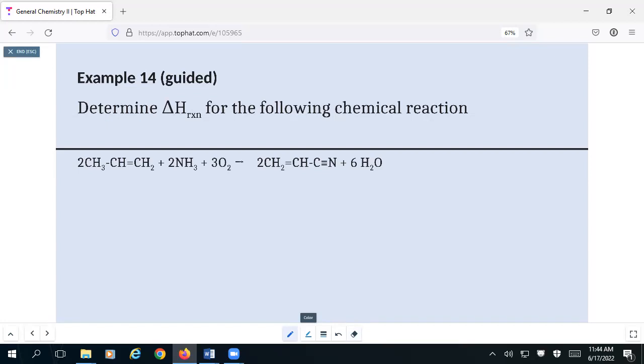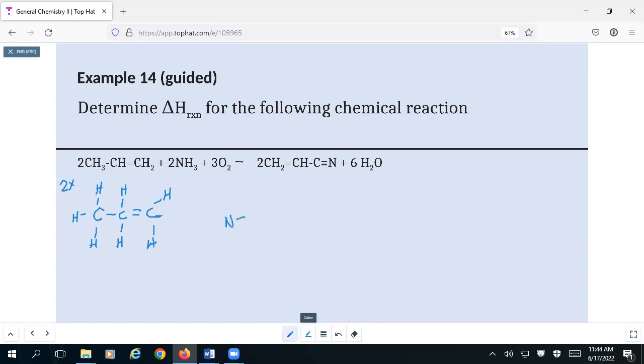Structurally, I've got a 3-carbon chain here, and on that carbon chain I've got some hydrogens just hanging out to fill out the octets of those carbons. And I've got 2 of those. And I've got ammonia.